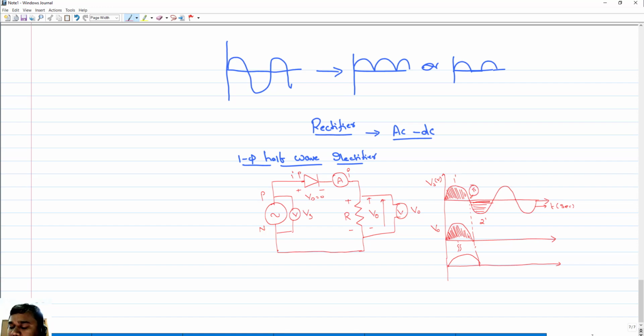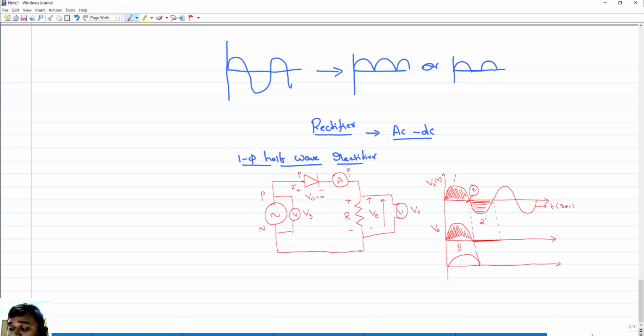Whenever it reaches the value pi, it becomes negative. When 2 dash is seen here, a negative voltage is applied across the p type, and hence the diode will not conduct and there won't be any conduction in this area.